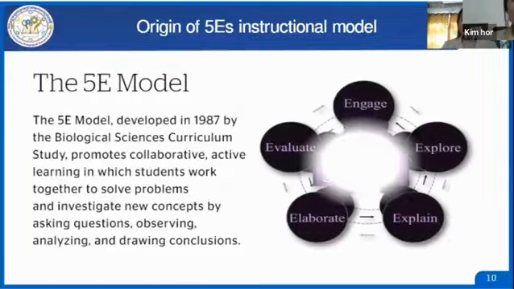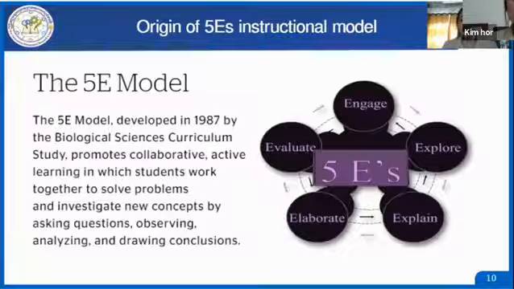The 5E model contains 5 phases, each starting with the letter E: engage, explore, explain, elaborate, and evaluate. I will give you more detail about each phase in my next slide.